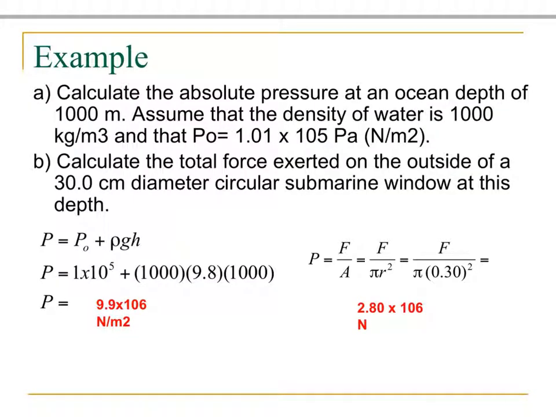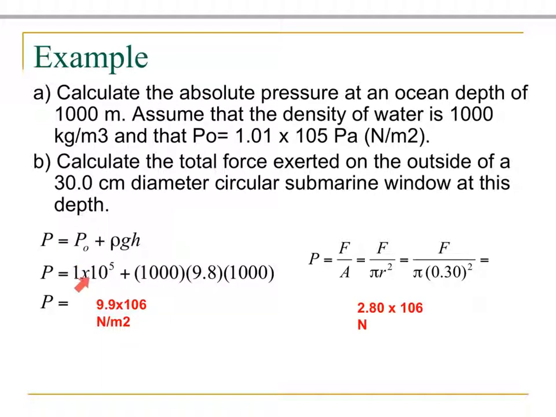So here we have an example problem to solve. We need to calculate the absolute pressure at an ocean depth of 1,000 meters, assuming that the density of water is 1,000 kilograms per meter cubed and the initial pressure is 1.01 times 10 to the fifth pascals or newtons per meter squared. We have our formula here where we have our absolute pressure equals our initial pressure plus our density times the acceleration due to gravity times our height.